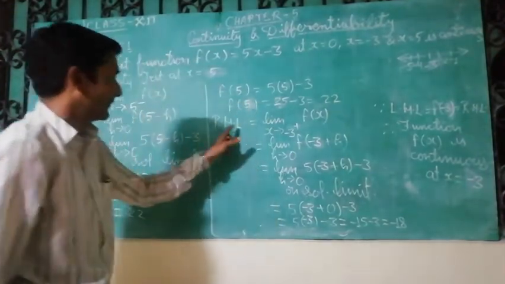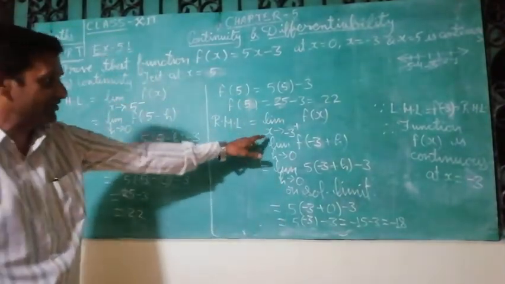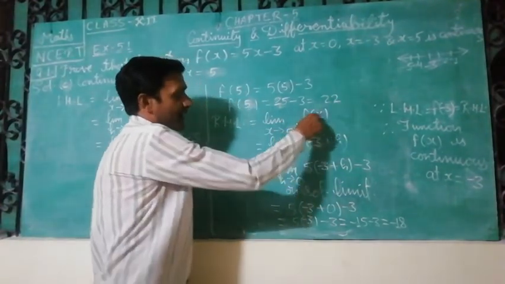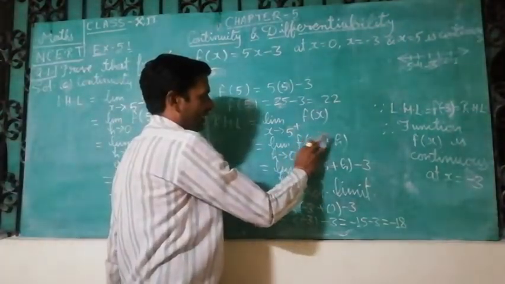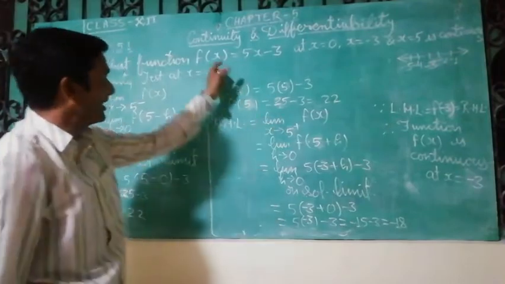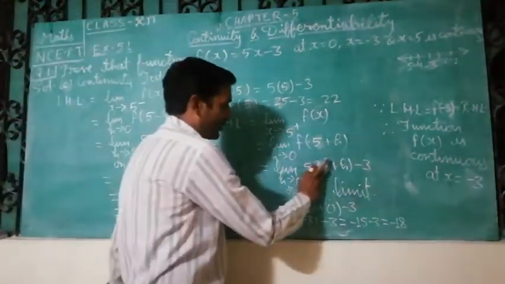Now here we have to check for RHL. For RHL this will become limit x tends to 5 plus f of x. So this will become 5 plus h. At 5 we are checking. So it will become 5 plus h. Here also we have to write in the function, in place of x, what do we have to write? 5 plus h we have to write.